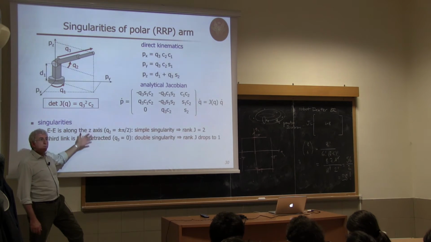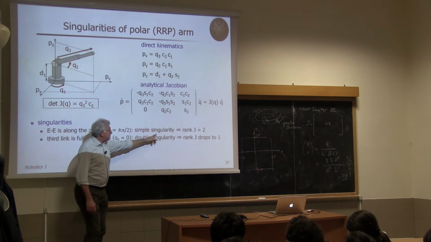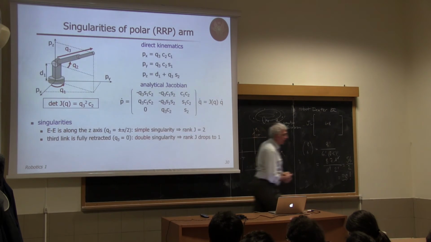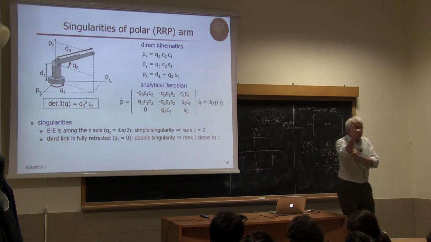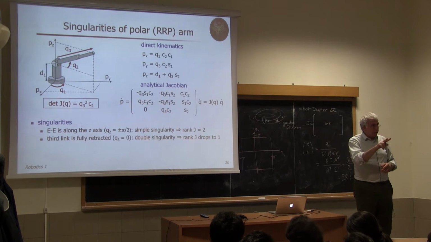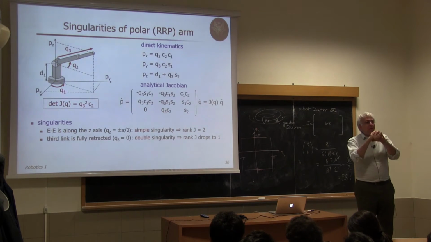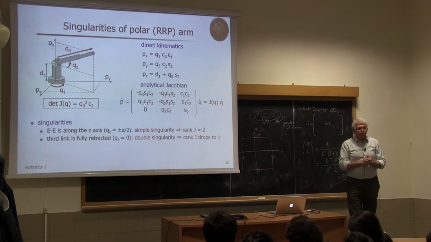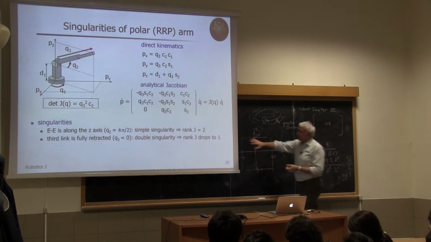In terms of mobility, when you have a simple singularity, so just a drop of 1 of the rank, it means that you lose mobility in one direction in the Cartesian space. When you have a double singularity, you lose mobility in 2 directions. So you're even more constrained in that configuration. Okay? So this is important.